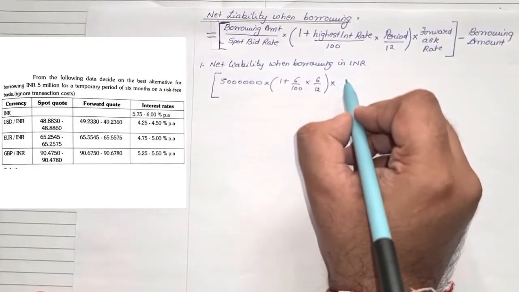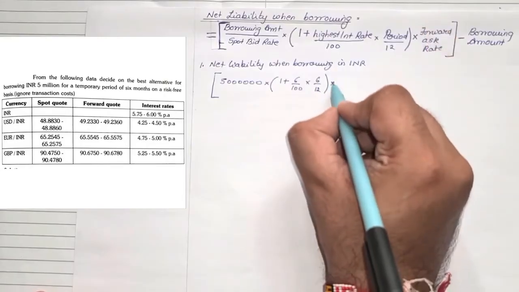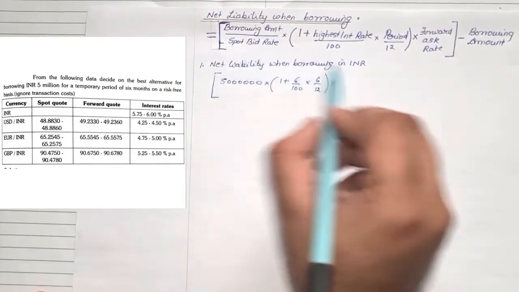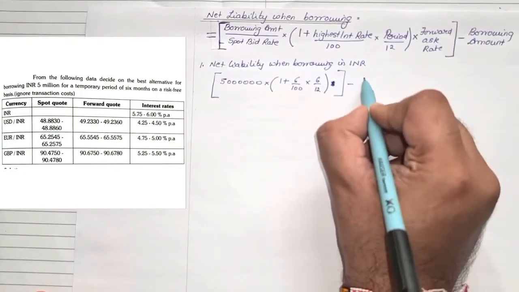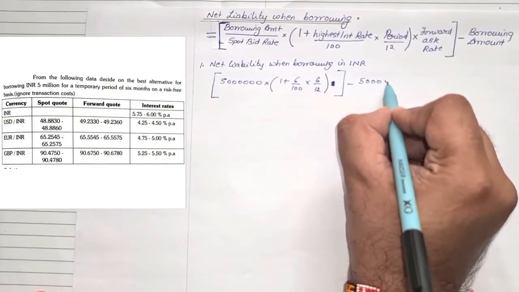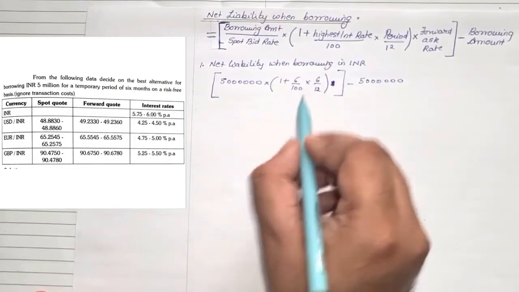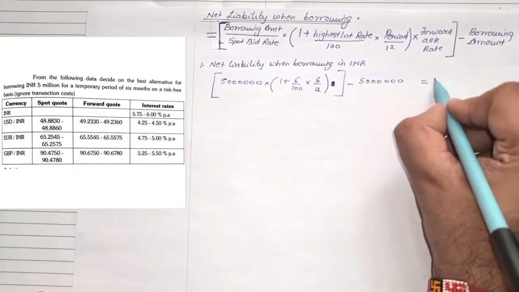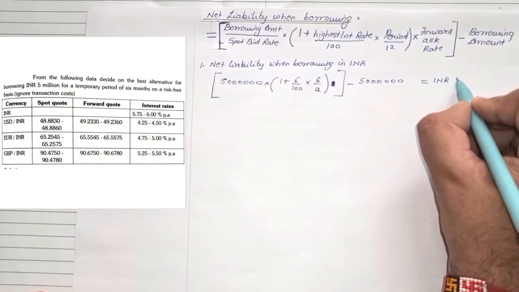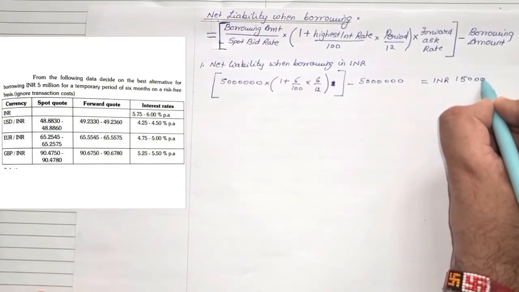Again, there won't be any forward rate here. Remember, whenever you are doing it for INR, there will be no forward, no spot. The whole thing minus the borrowed amount, which is again 50 lakhs. When you solve, the value you should get is INR 1,50,000 in the first case.